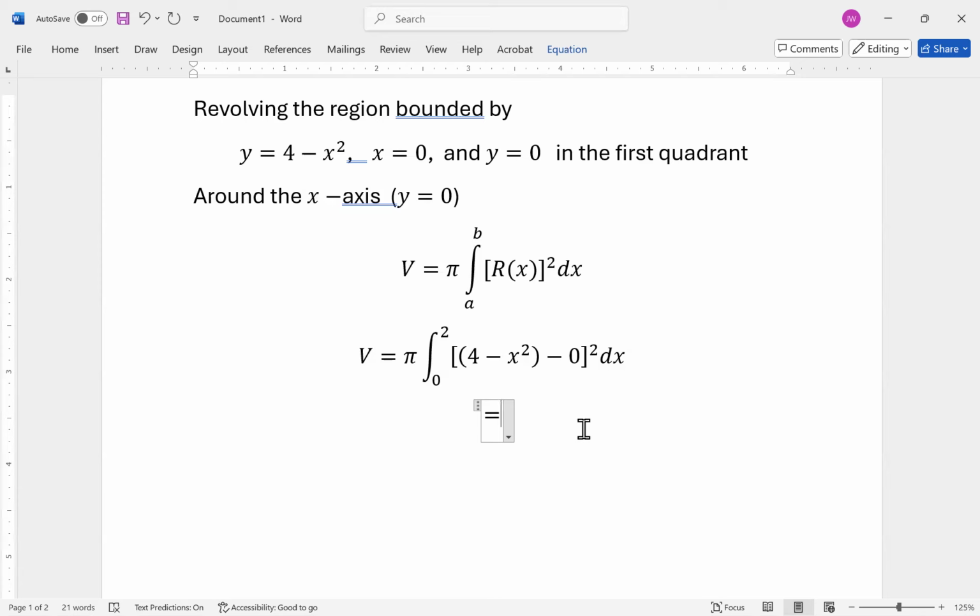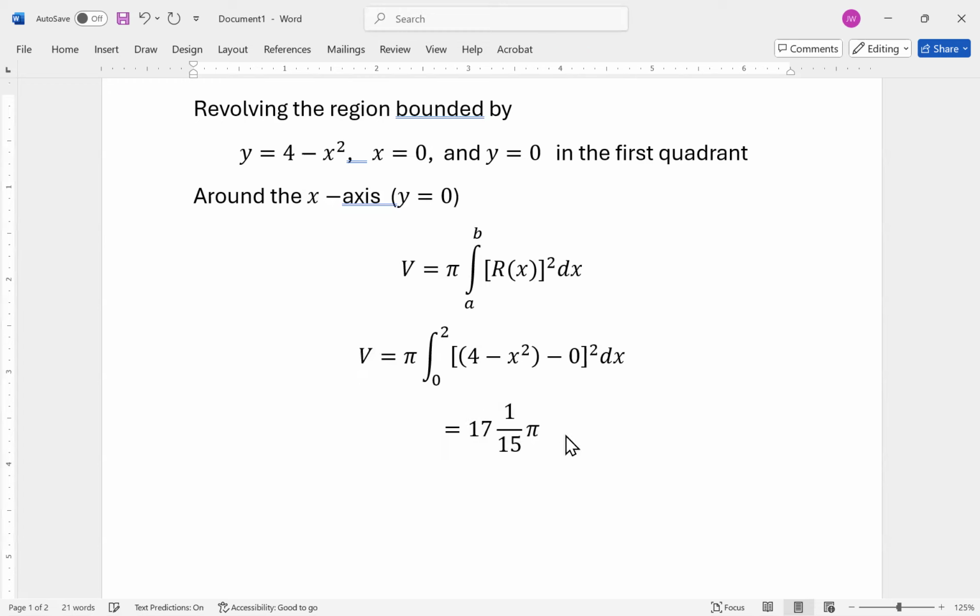What you end up with is about 53.62, which is 17 and 1/15 times pi. So when you do the integration, you get 17 and 1/15. And then obviously you have a pi left.